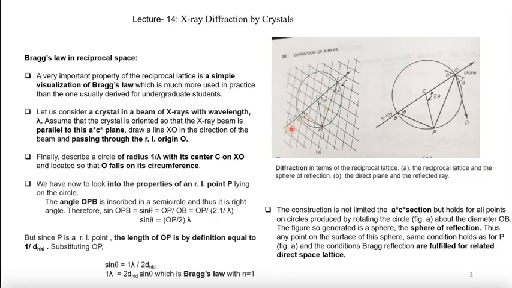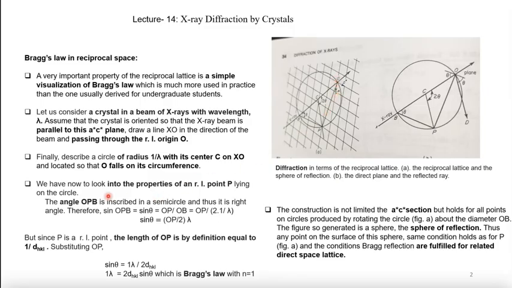If we draw a line XO in the direction of the beam, passing through the reciprocal lattice origin O, and we draw a circle with a radius of 1 over lambda and its center at C, XO is located so that O falls on the circumference.